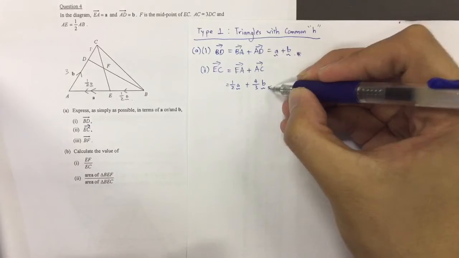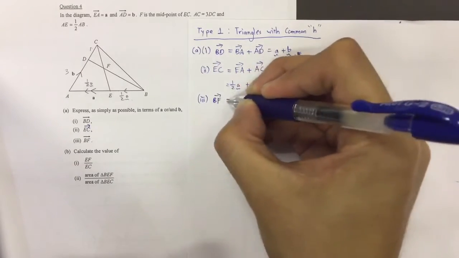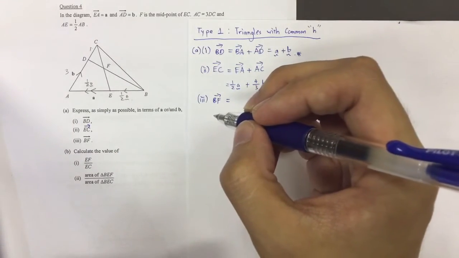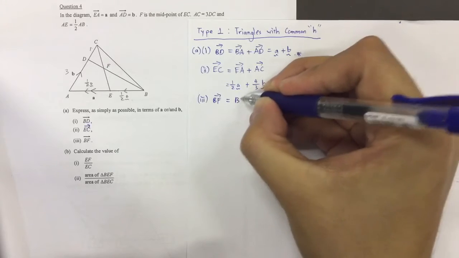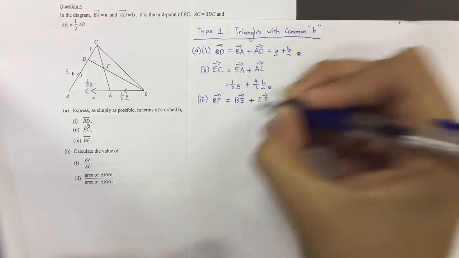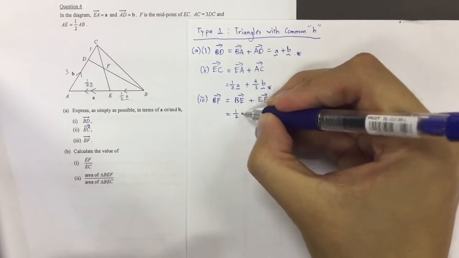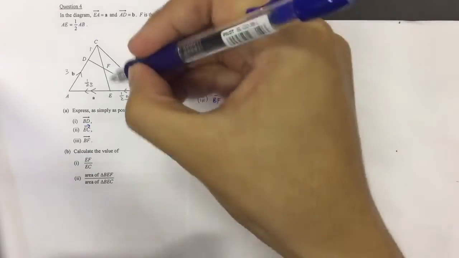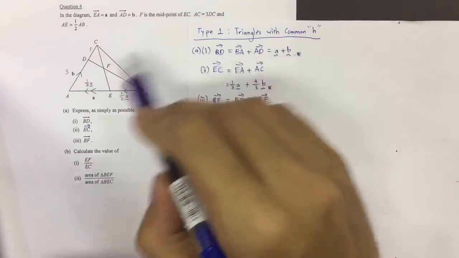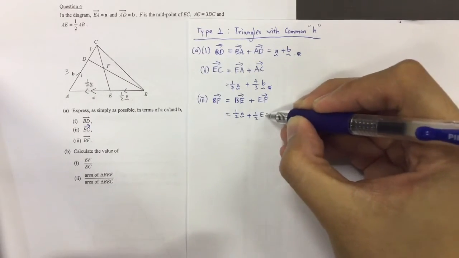Now, third one, B to F. I'm going to take the route of B to E first, followed by E to F. So when I do that, B to E is actually, from the previous part, half A, and EF, you realize, F is the midpoint of EC, so EF is half of EC.